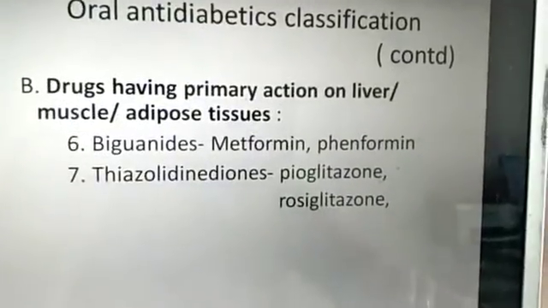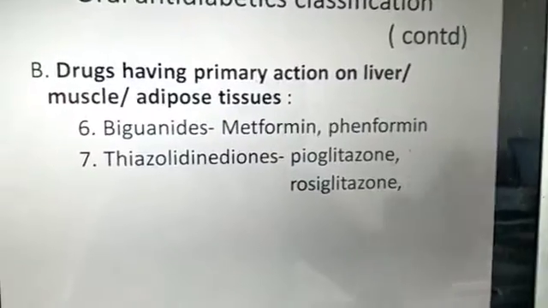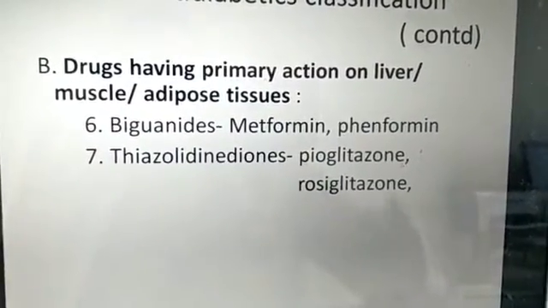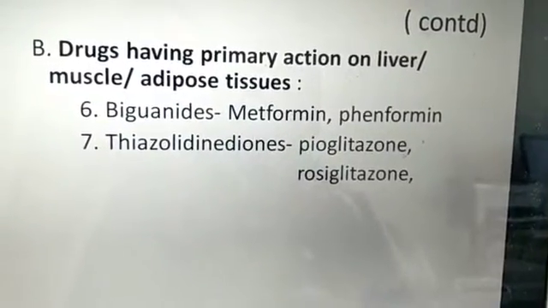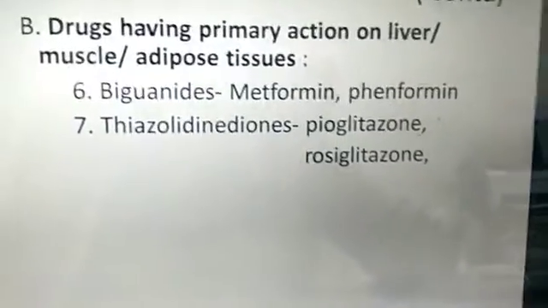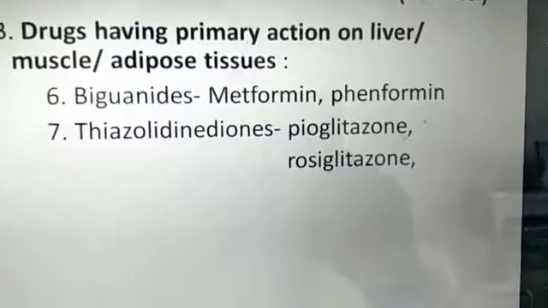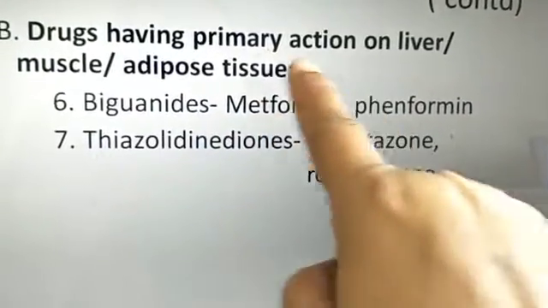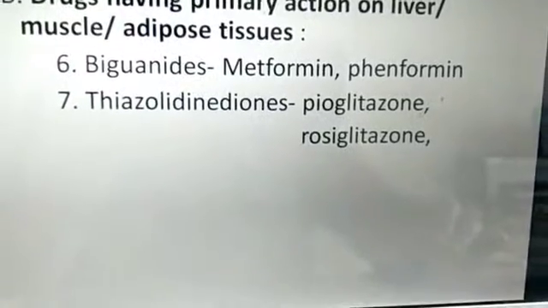Then continuing with the classification, we have drugs which do not act on beta cells but have primary action on the target organs: liver, skeletal muscles and adipose tissues. They include biguanides. We will discuss their mechanisms in detail. Metformin and phenformin. Metformin is one of the most commonly used drugs in diabetes type 2.